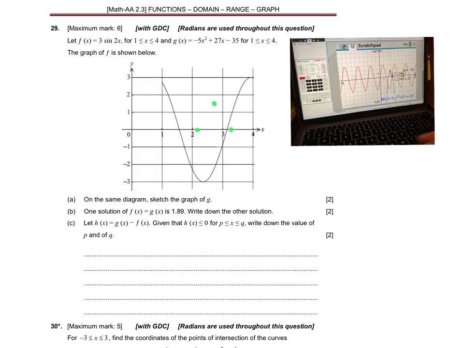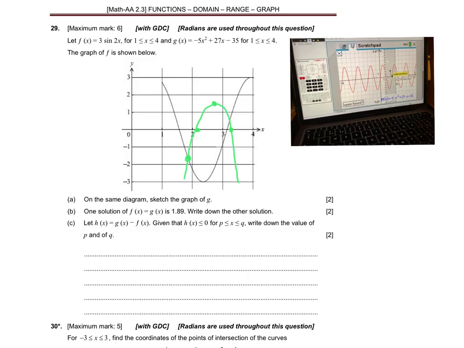And the last thing we need is the intersections between the two. So we want this one, which is 1.89, negative, so this one's looking like this. So that's the negative, 1.89, negative 1.80, it looks like it, label it.